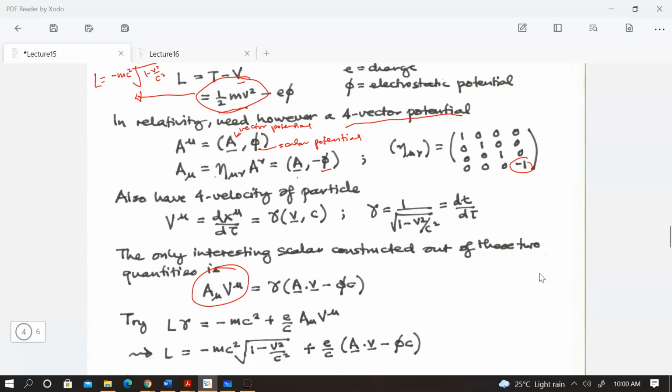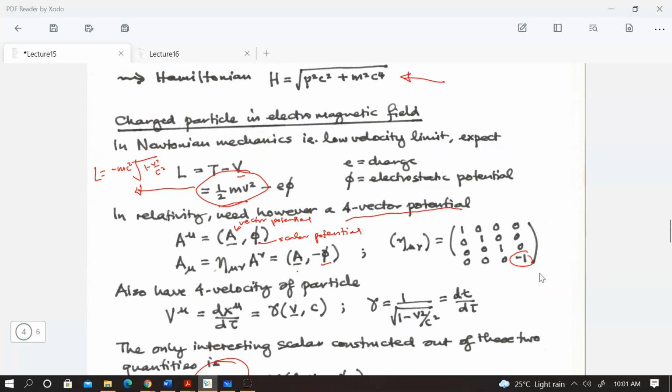You just contract the components over here. So this will have A dot v minus phi c. And if we look at this particular form, then remember I need an e phi here.